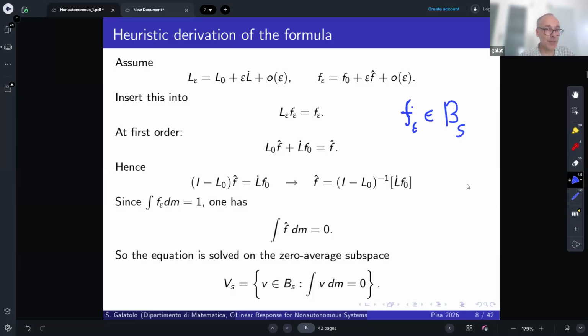When I was talking about expanding maps, of course, there are many more invariant measures, like those based on periodic points, but they are not regular enough to be considered in my framework. In the expanding case, for me, the good space will be a Sobolev space, W^{1,1}. Okay? And here you have only one, because the system is mixing, and so on.